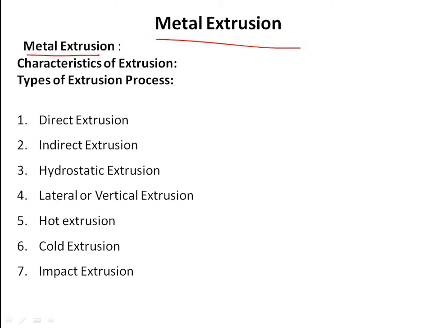These fixed cross-sectional profile extruded parts are called extrudates, and they are pushed out using either a mechanical or a hydraulic press.